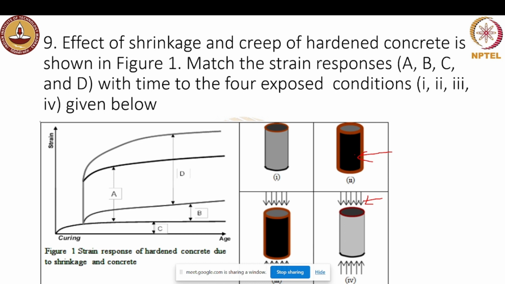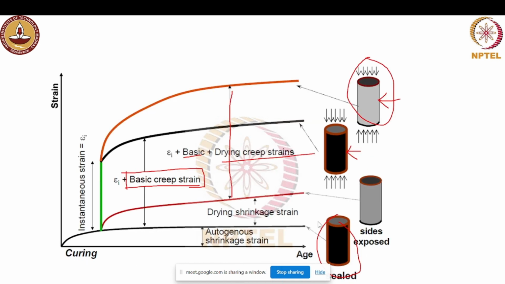So, from this graph, can you tell which one is creep and which one is shrinkage? First, you understand the 4 exposure conditions. First and second are mostly because of shrinkage, and third and fourth are because of creep, right? Because of shrinkage, the strain will be lower as compared to creep, because creep is under load.